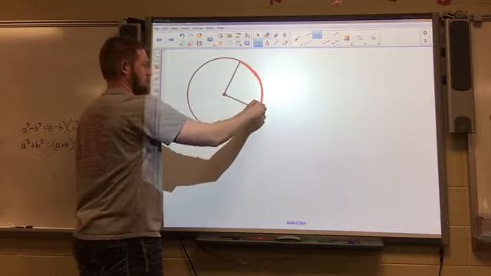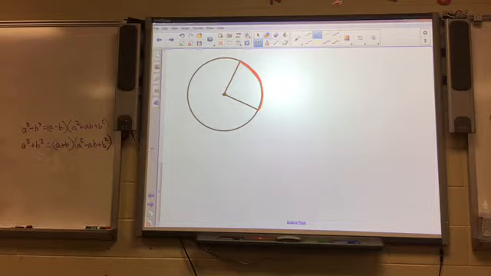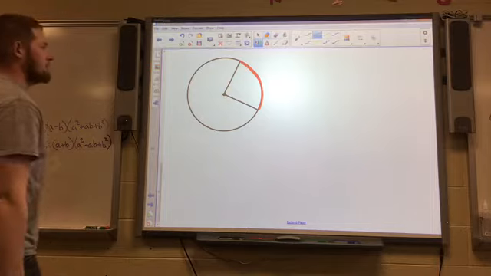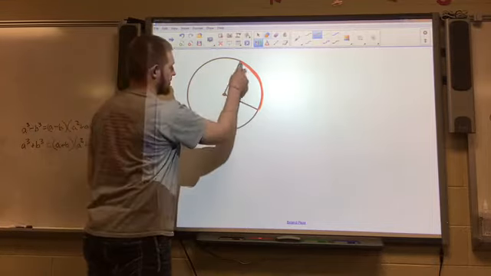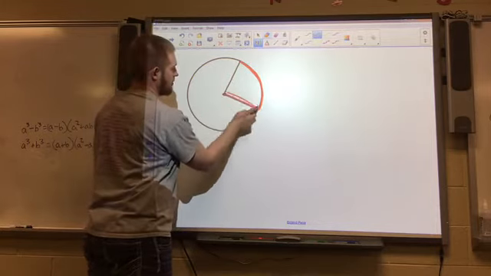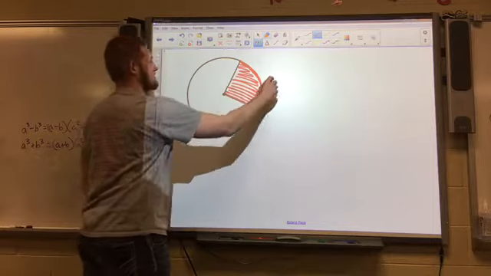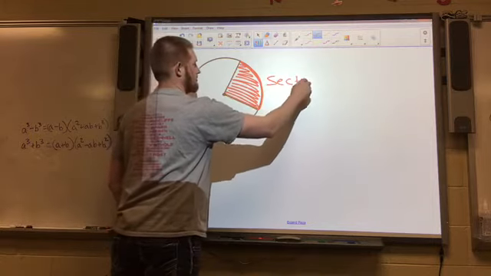You remember that? We found how long that arc is, how many inches, centimeters, whatever, using the proportion on the right side of the board. Today, we are going to find not the length of this, but since we're talking about area of a circle, the area of this sector.